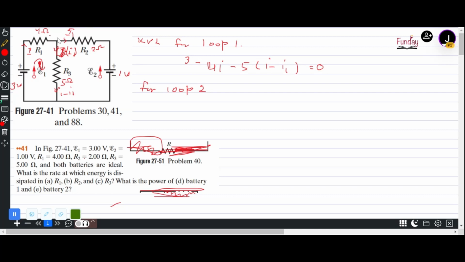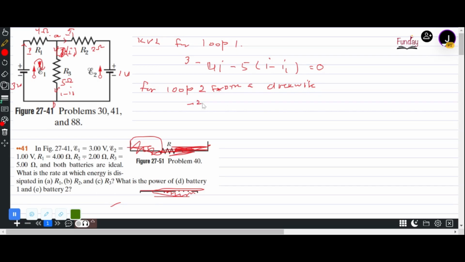Now let's say these are the points A and B. So there is another approach to doing these questions wherein we can assume potential of point A, and then we find that potential of point B will be 0 and so on, and then we write currents. So there is another approach to this, but we have used KVL.